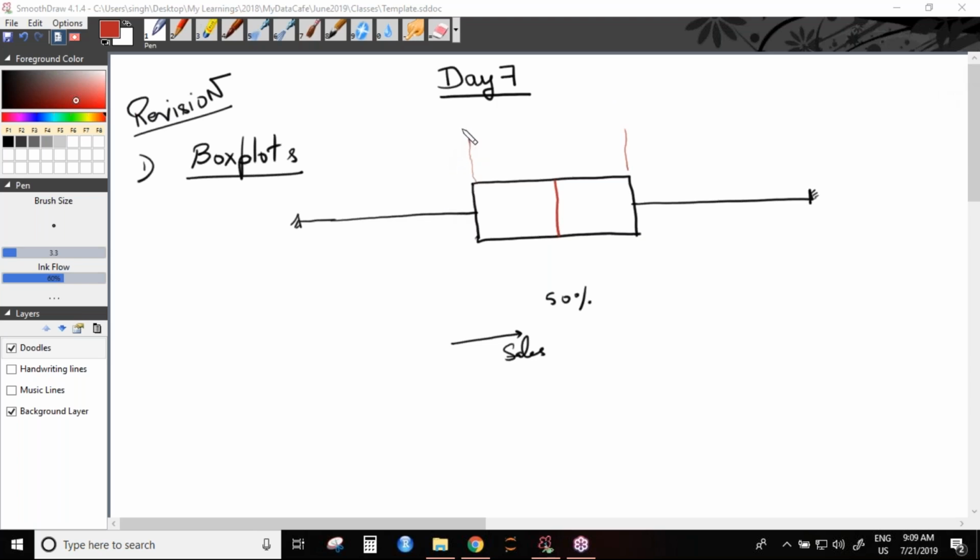Yeah, this is Q1, which stands for 25th percentile, and this is Q3.